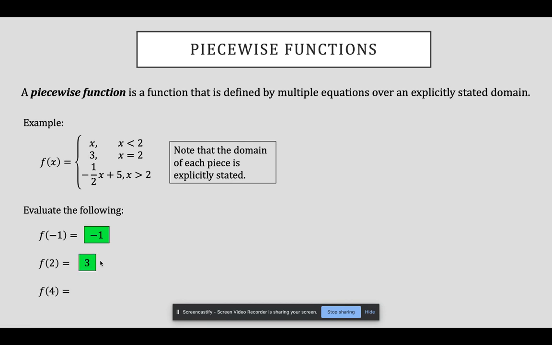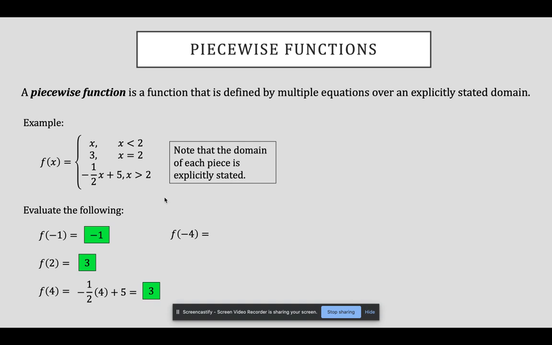And if I asked you to evaluate f of 4, what part of the domain does x equals 4 fall under? 4 is greater than 2. Therefore, we would plug it into the third piece of our piecewise function, giving us negative 1/2 times 4 plus 5. That would be negative 2 plus 5, which gives us a positive 3.